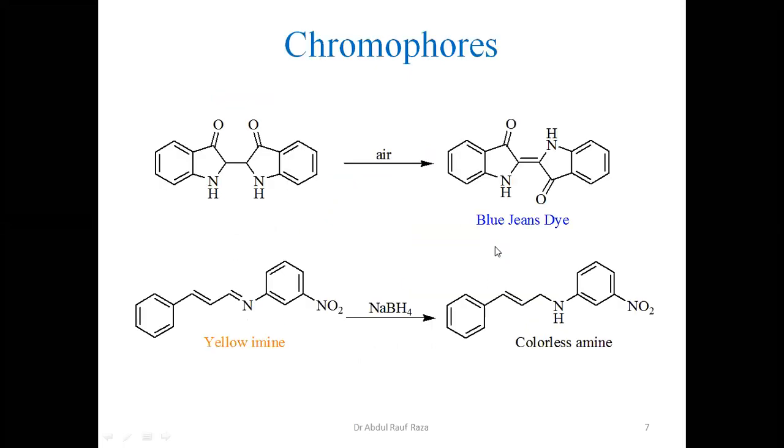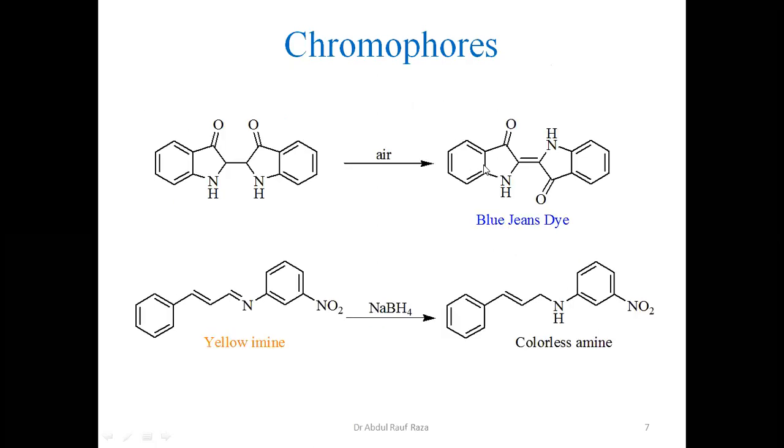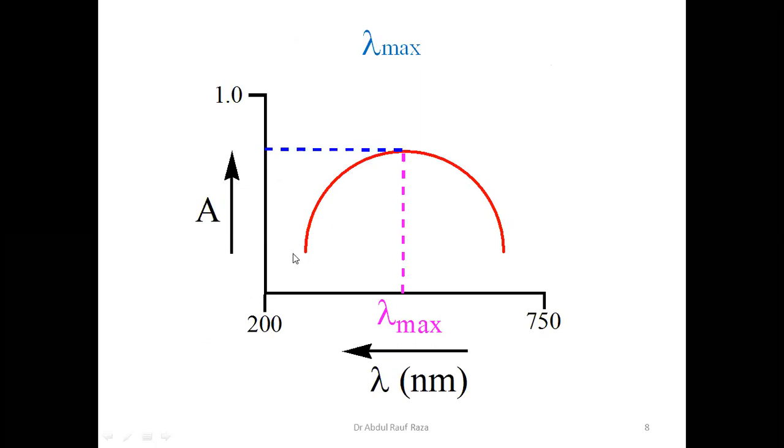Let's say this molecule has one chromophore, this one has one chromophore, and all of them have one chromophore, but not this one. It has two chromophores.